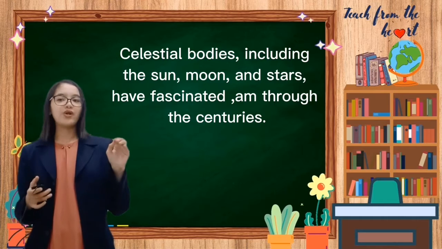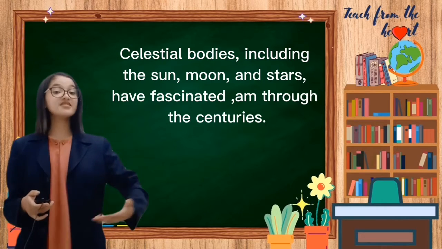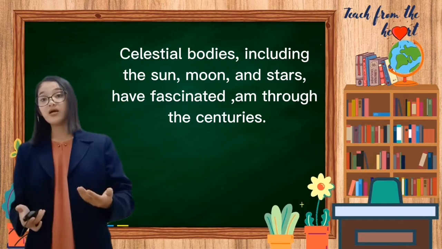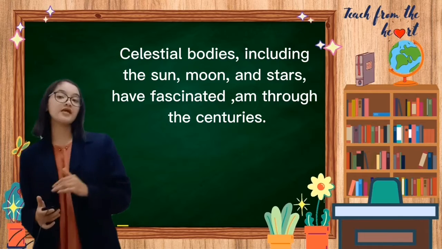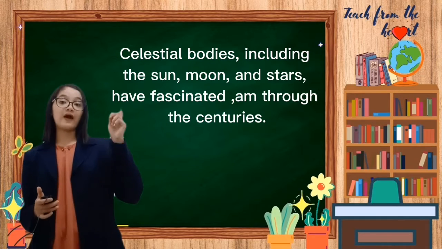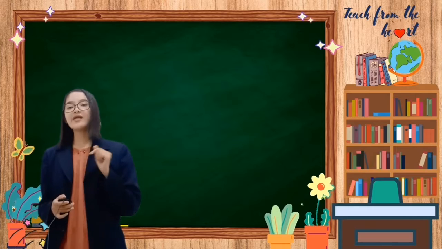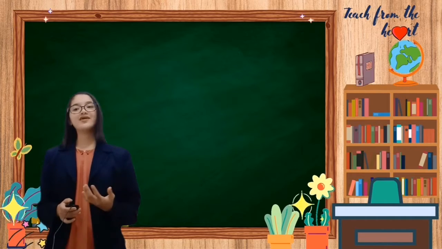With that alone, we can conclude that celestial bodies are anything that can be found in or has something to do with the sky or the heaven, right? You know it too well. Now, let's try another one.